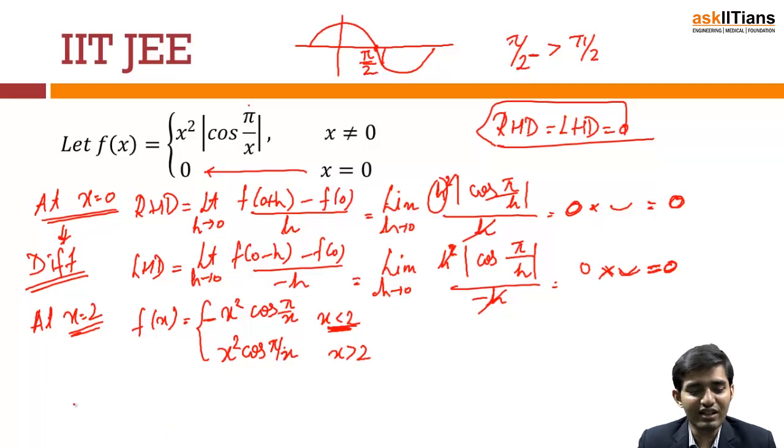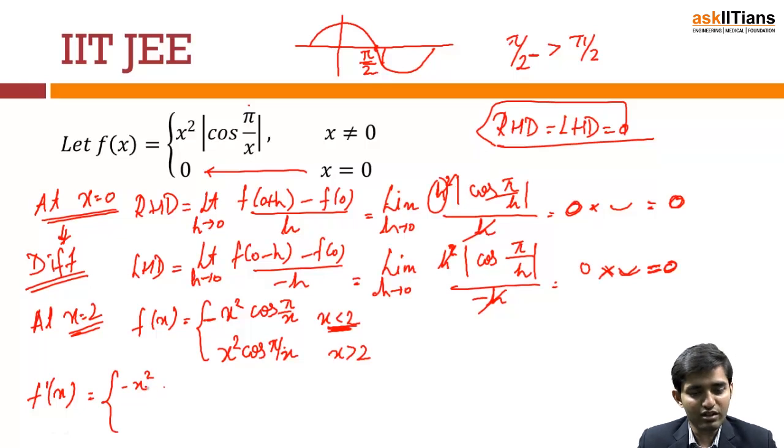Now if I differentiate this, what will be f dash x? If I differentiate this, you can use the product rule for differentiating, right? So you can just do it as first function into differentiation of second function, like that, right? So what will be first function into differentiation of this? So the differentiation of cos will be sine, okay?